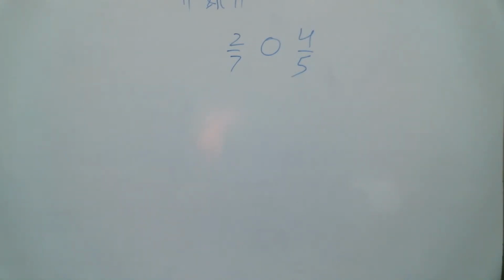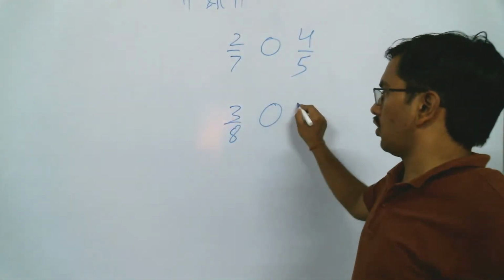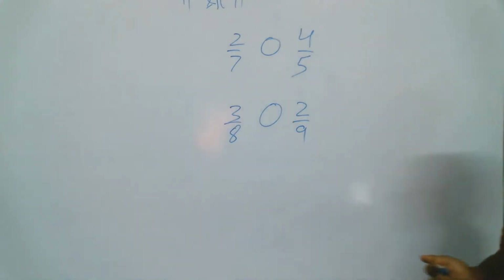Sharda is telling 4 by 5. Three by 8 or 2 by 9, which is greater?